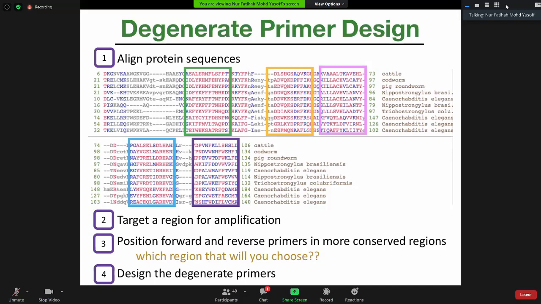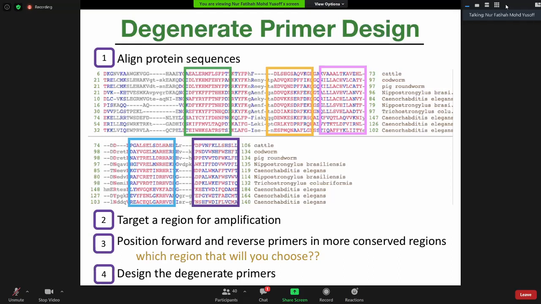And there is another reason why you may want to avoid designing the reverse primer at this region. Can someone else give me the answer? Sabrina, are you there? Yes, doctor.